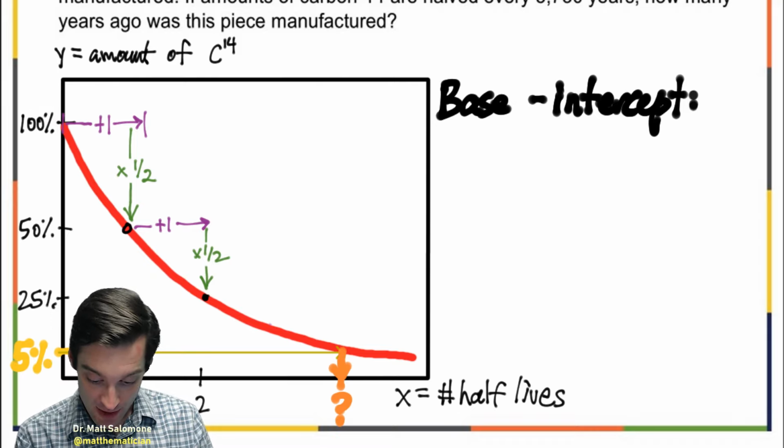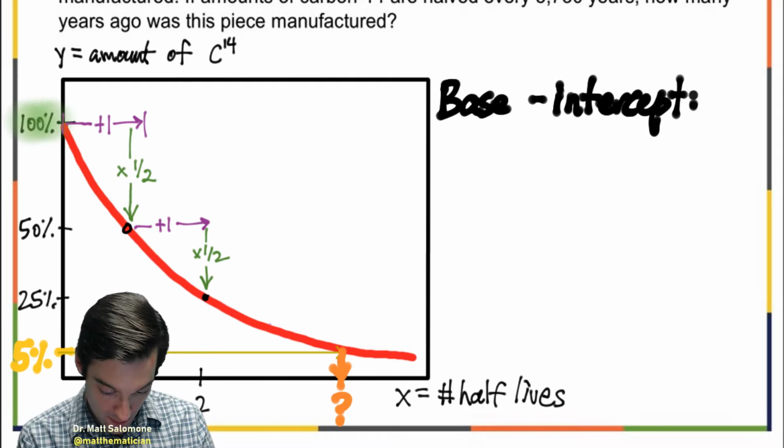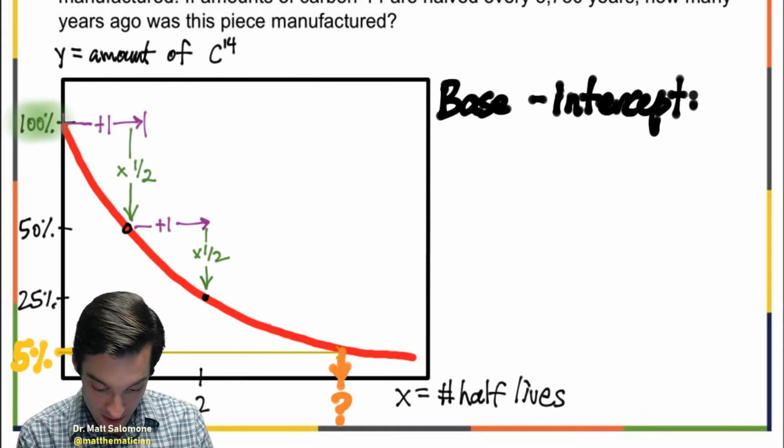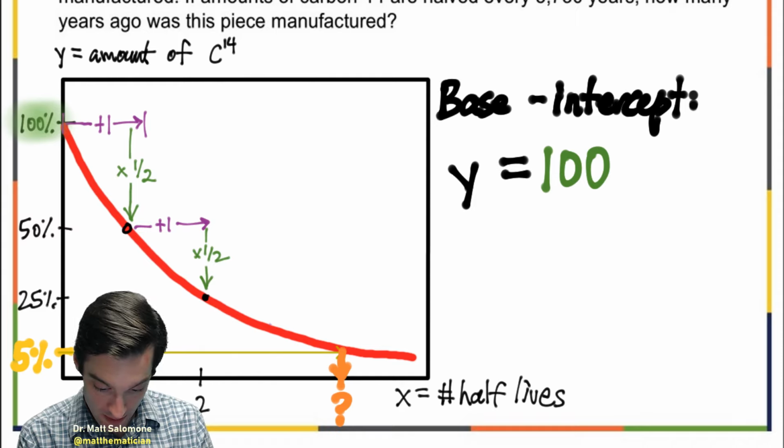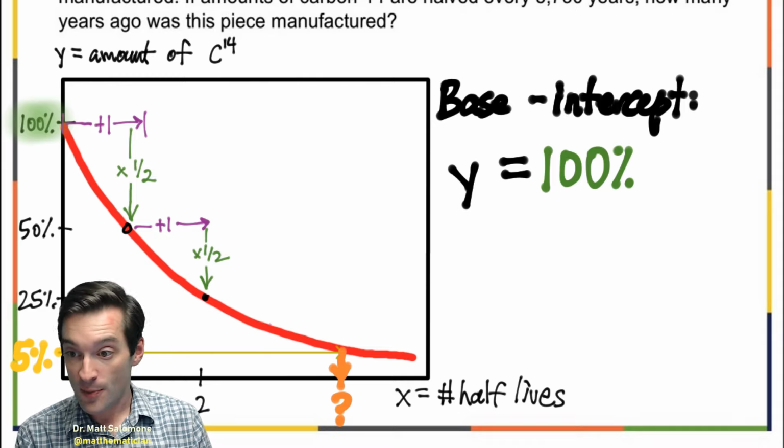And so 100% is what we'll take to be our intercept for this function. So there is my intercept, 100%. And the role that that plays in my equation is that it goes out in front of my base: y equals, and I'll put a percent sign in there just for fun, 100%. Right, so there's my intercept.